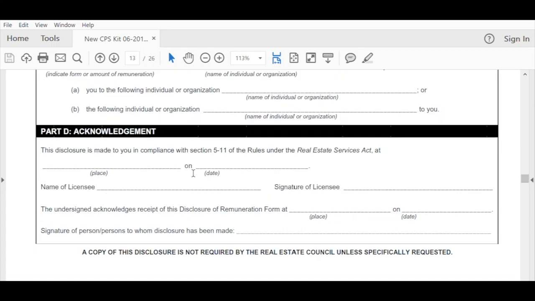Then you put your name here again and sign here as the licensee, and then get your client or consumer, even as an unrepresented party, to sign here to disclose your remuneration.